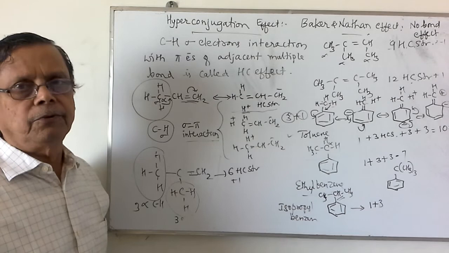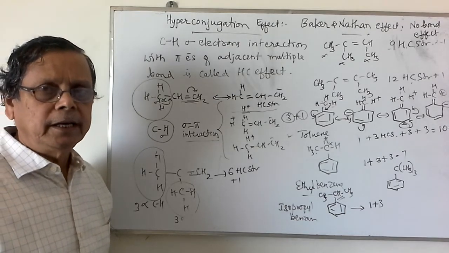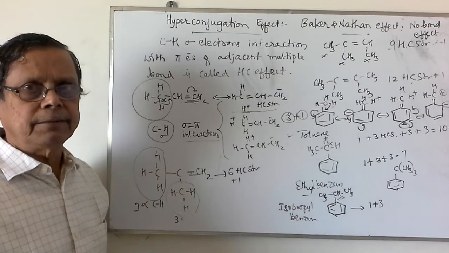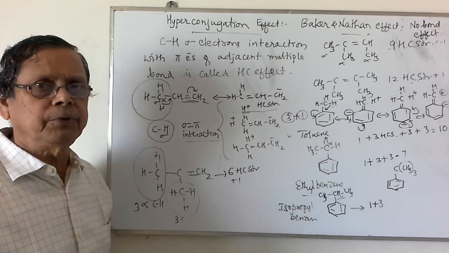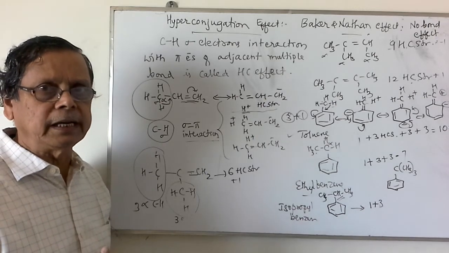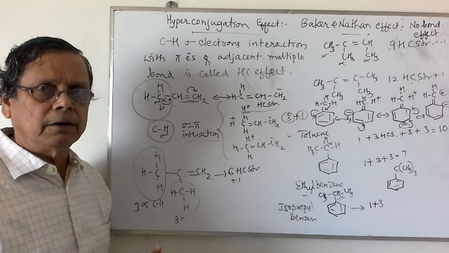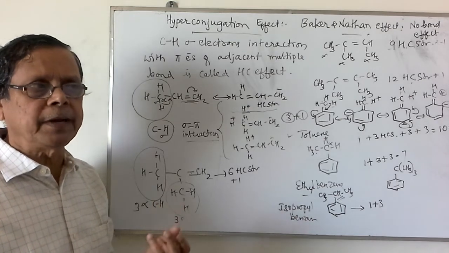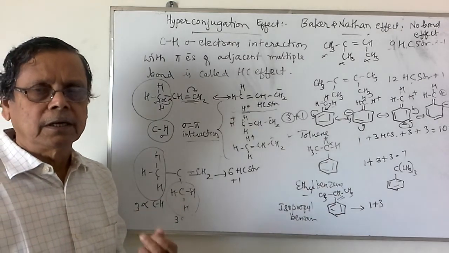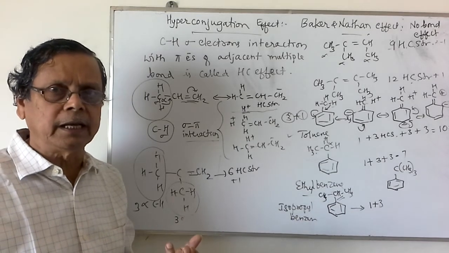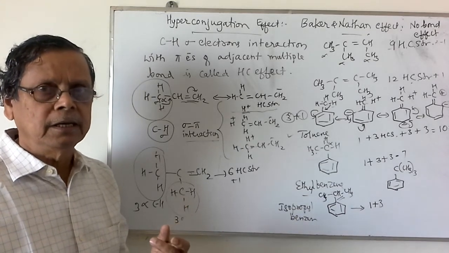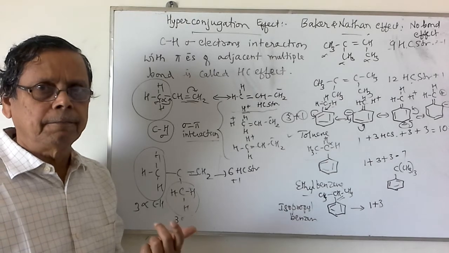So in the next video, we will go for the reaction intermediates. The reaction intermediates that we come across in various organic reactions are free radicals carrying the unpaired electron on the carbon atom. Carbon free radicals like methyl free radical, ethyl free radical, etc. Similarly, carbocations.